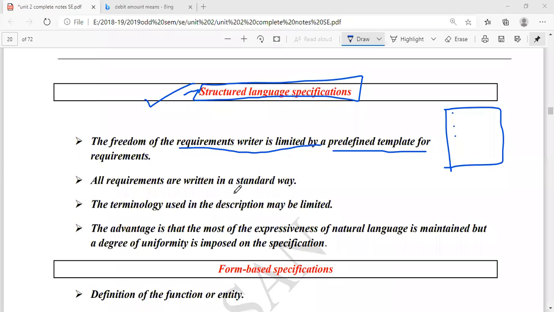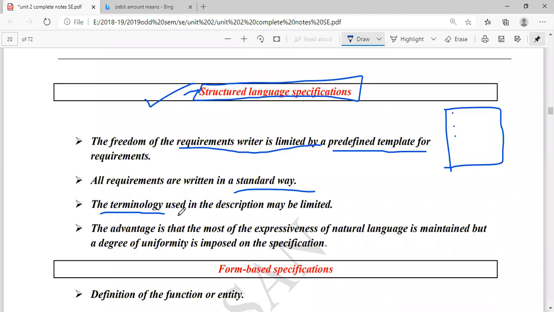Okay, so those are written in a standard way. Standard way means some rules and regulations are followed to write those requirements into that black book. Okay, the terminology used in the description may be limited. So the categorization of requirements, whatever is done, that is also limited.